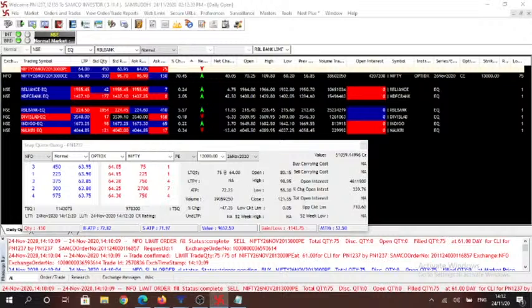Modify our order from 106 to a smaller number. Modify it to 100.